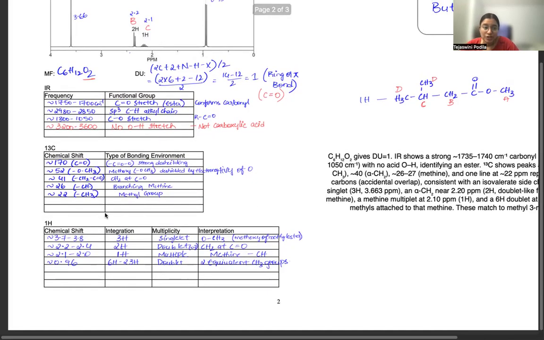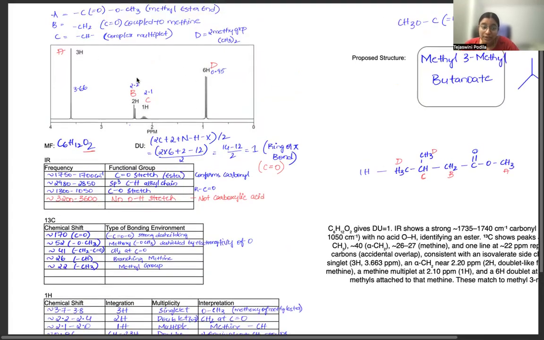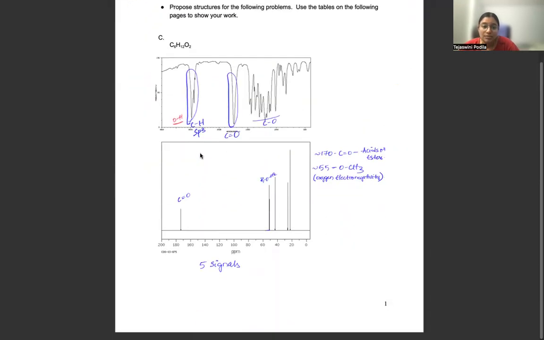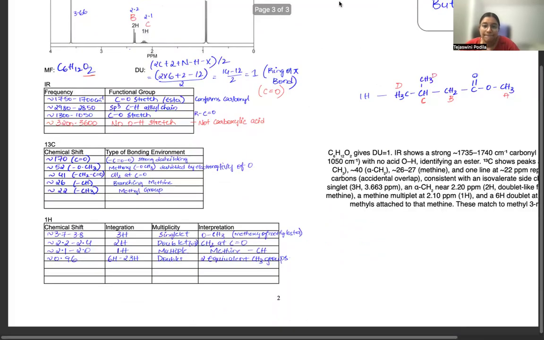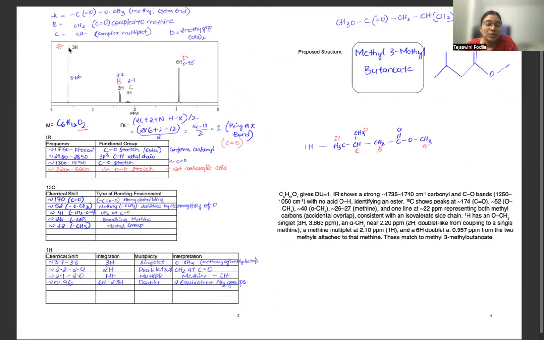In the 1H spectrum, there are a total of 4 signals. The first is at 3.7 to 3.8, with an integration of 3H, and it's a singlet.